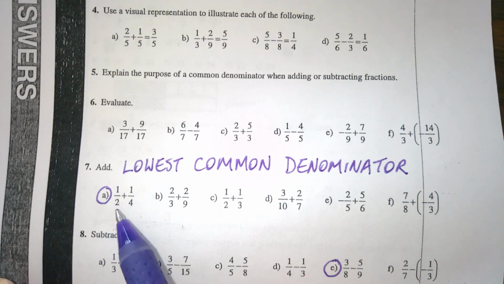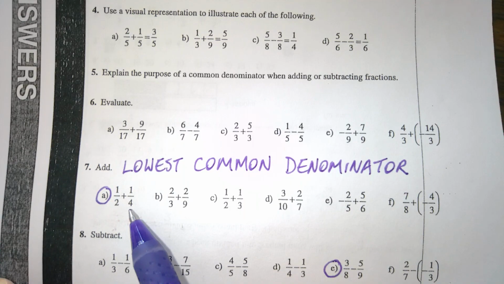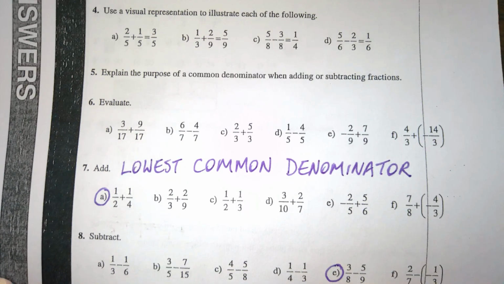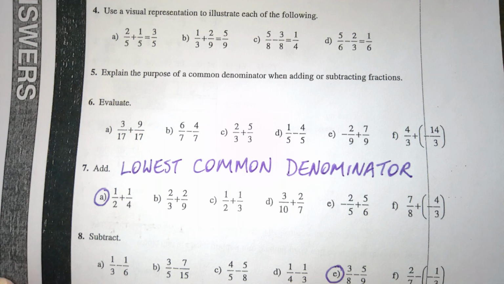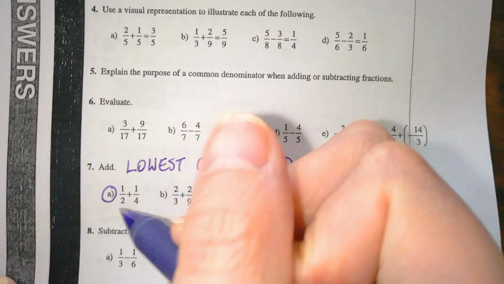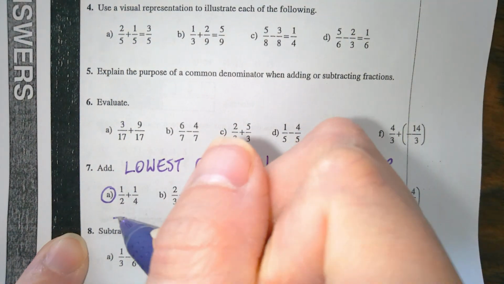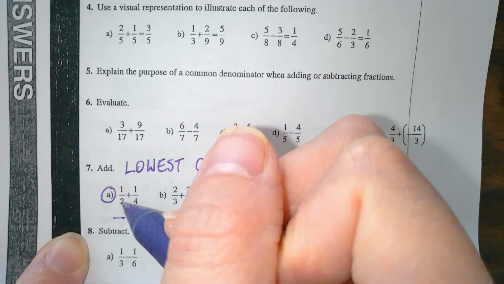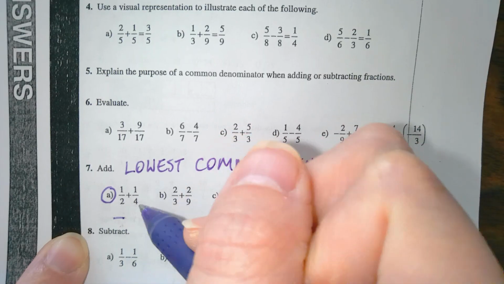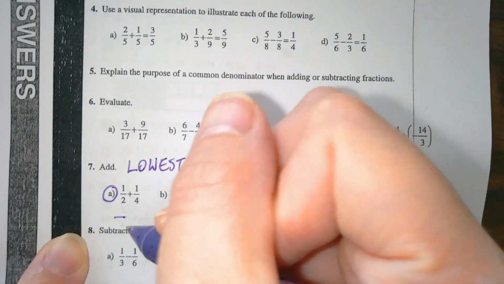So in this case, when I have half a pizza and I add a quarter pizza, yes, I know right away I have 3/4 of a pizza. How do we get that? Well, just to review, okay? Lowest common denominator between 2 and 4 is 4.